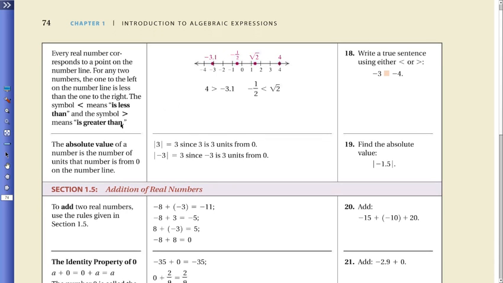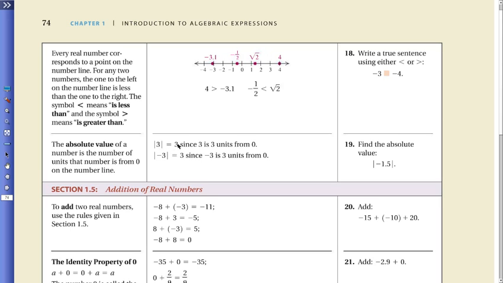Then absolute value, here's some of these things that are in darker type. These are important. Absolute value means distance from 0. And the way they write this, they say it's the number of units that the number is from 0 on a number line. Okay? So if I have these pipe symbols on each side of something, it means the absolute value of, well, how far is 3 from 0?